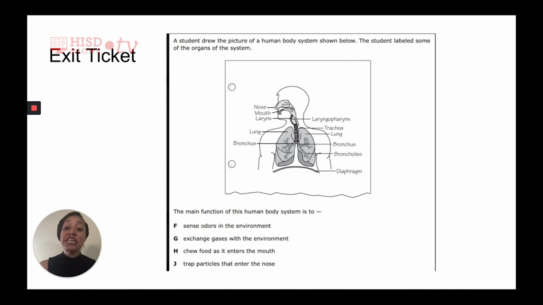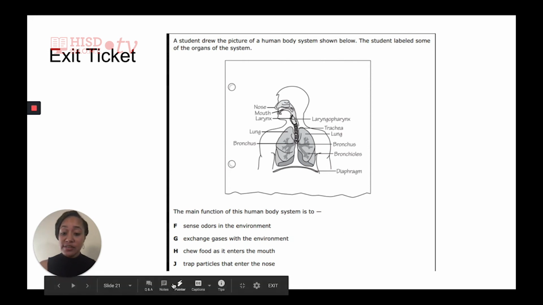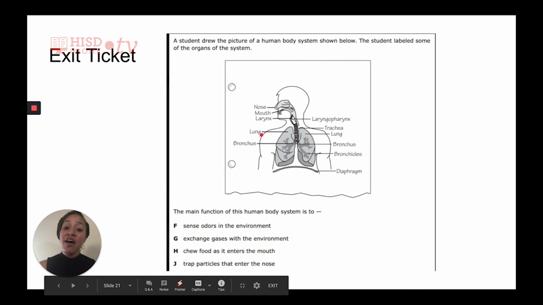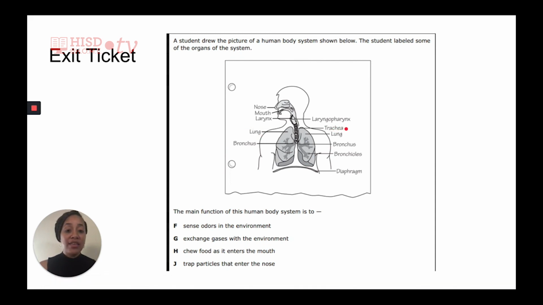All right, so let's look at the picture first. Does anyone see any organs in this picture that we discussed today? Yes, we discussed the lungs. We also discussed the trachea and the nose and mouth.